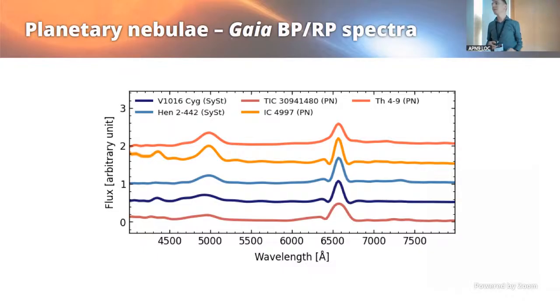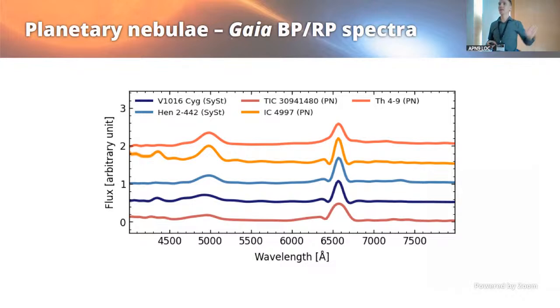And this image is showing in blue 2 symbiotic stars and 3 planetary nebulae. And you see that they're super low resolution Gaia spectra, but people are using that for searching for symbiotics, or classifying emission line stars. They look exactly the same. So then it's very hard just based on this data set.